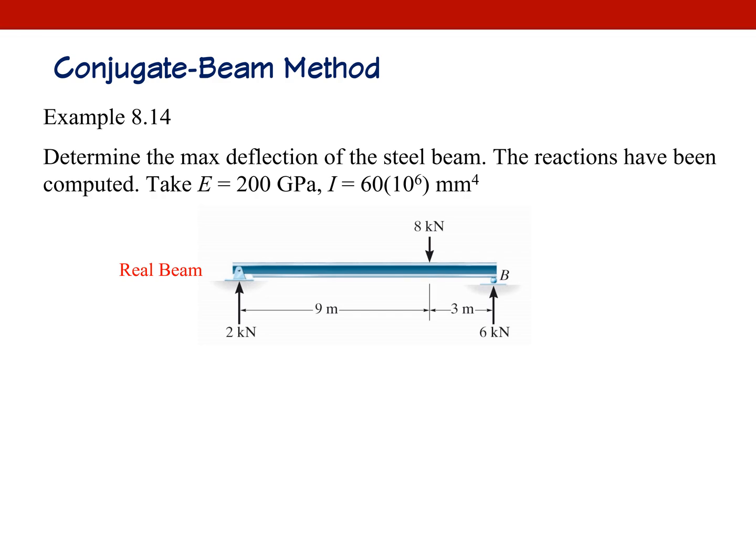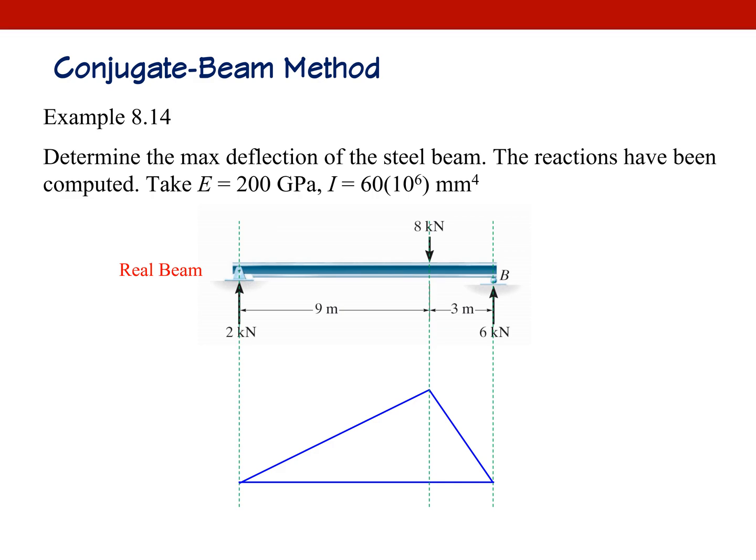Okay, when a real beam is there, first step, we are going to come up with a conjugate beam. I'm going to get a bending moment diagram first. I'm going to draw a bending moment diagram and the shape is like this and the value is 3 times 6, 18, or if you take the left-hand side free body, 2 times 9 will be 18.